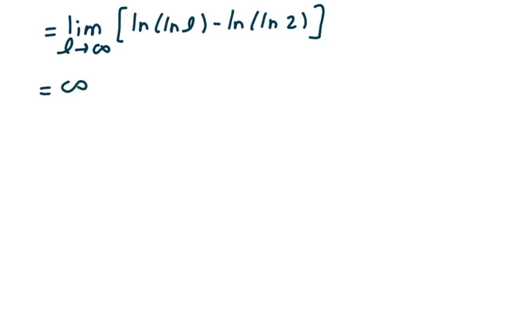And this is equal to infinity. And so what that tells me is that the integral from 2 to infinity of 1 over x ln x dx diverges.